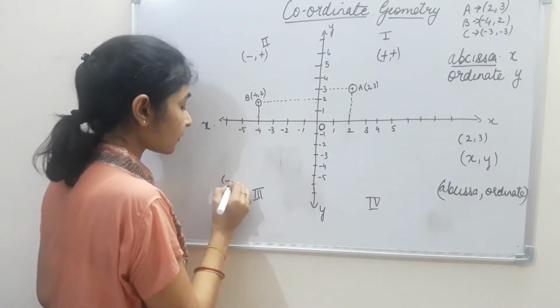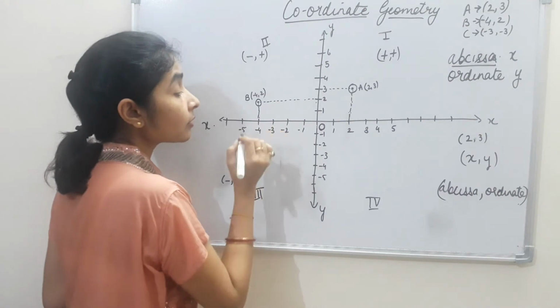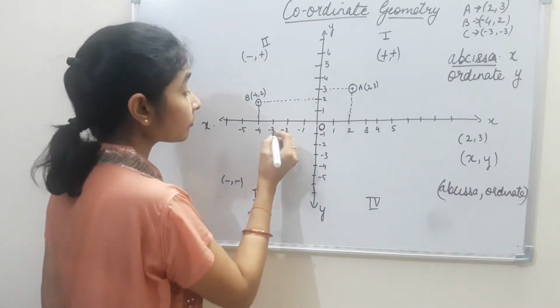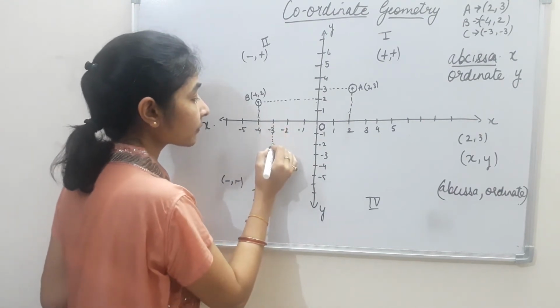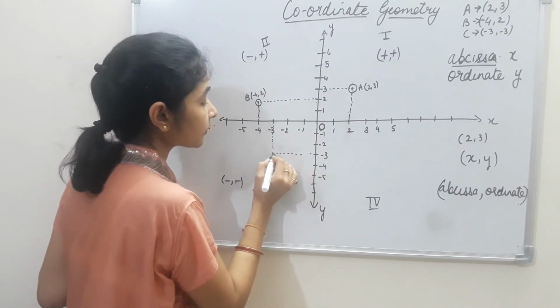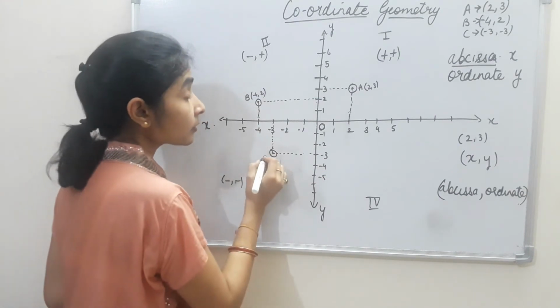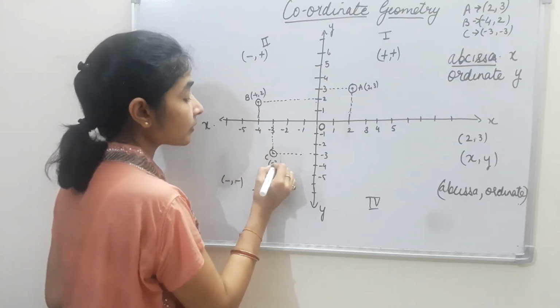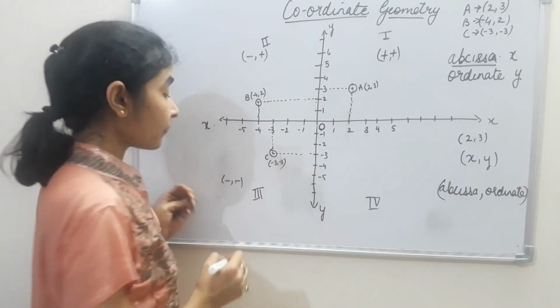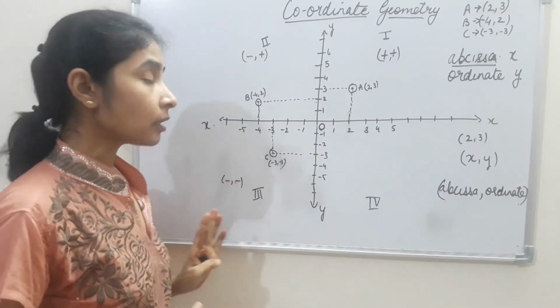Both x as well as y are negative here. So let's see here, -3 comes here and -3 here. So here is the point C, -3 and -3. So when both x and y coordinates are negative, they lie in the third quadrant.